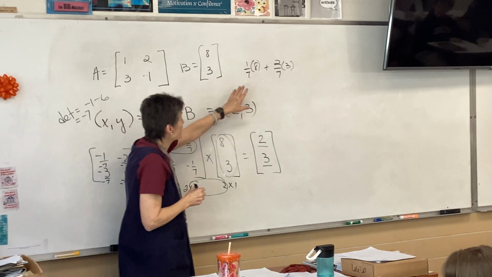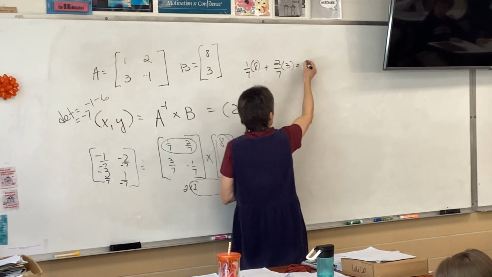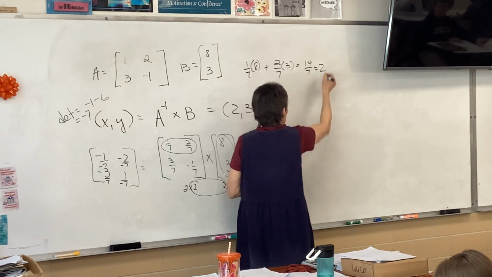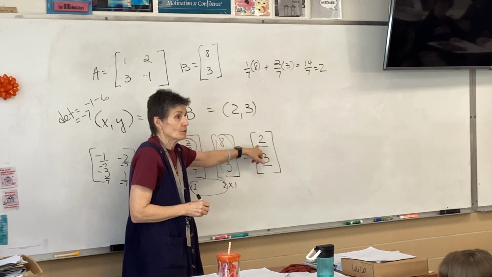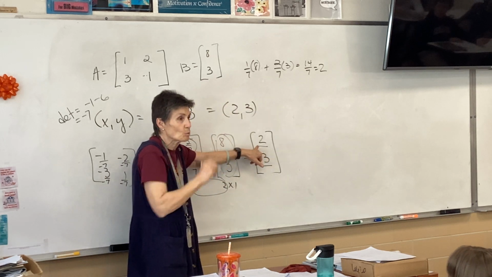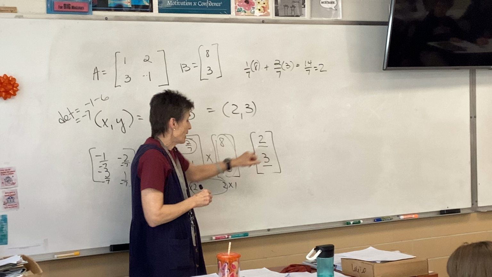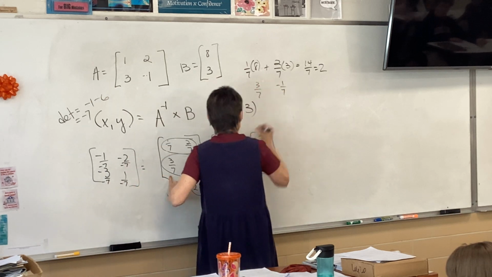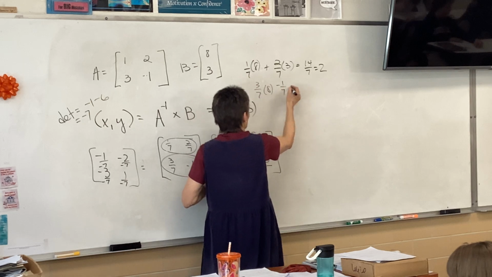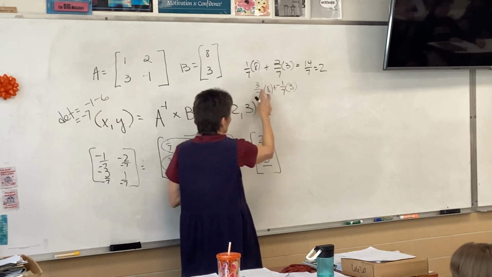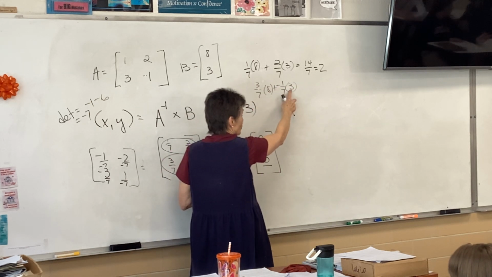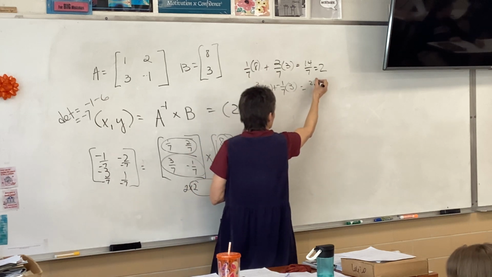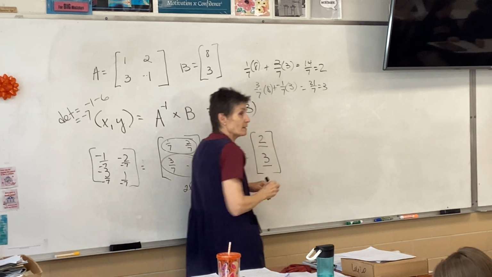That's how we got 14/7, which we reduced to 2. You'll put down as much work as you need to. And then we took 3/7 and negative 1/7 times the 8 and 3. So we got 24 minus 3, 21 over 7. That's how we got the 3.